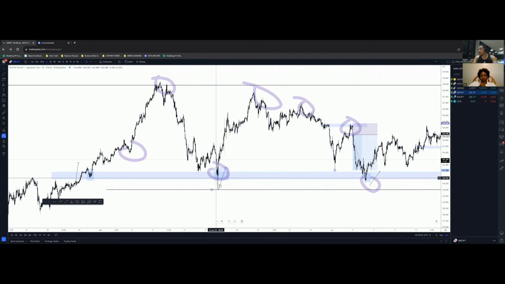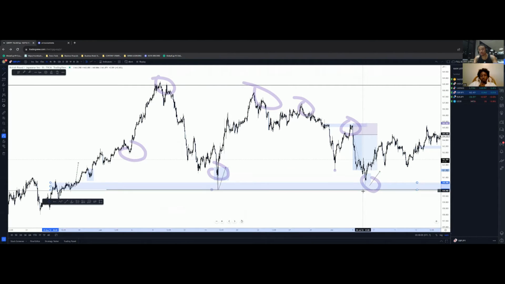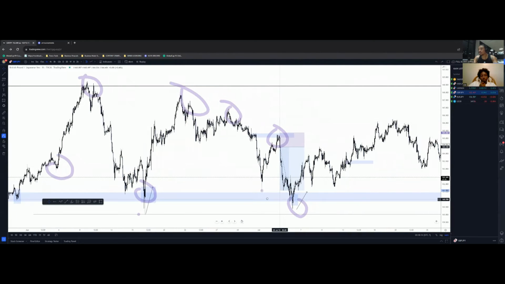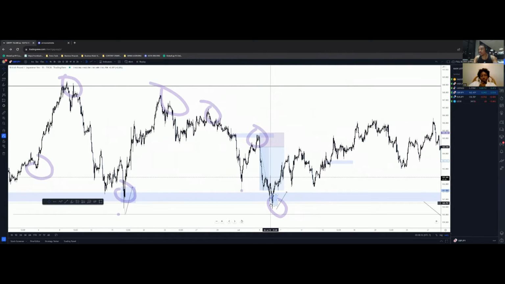Now, as you can see here, price spiked a little bit lower here. And then the spike that took place here didn't quite make it down to our horizontal line. So the way that I look at it is that price spiked down, made a tweezer top, came back into our zone of demand.